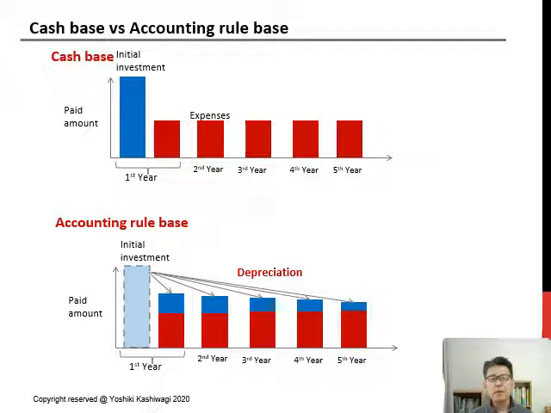Why? In our simulation, we do not focus on the profit amount of each year. Rather, we take the business as a whole, in this case, in the 5-year business plan. So the amount you depreciate or the amount you invest, the total amount you pay, is the same.